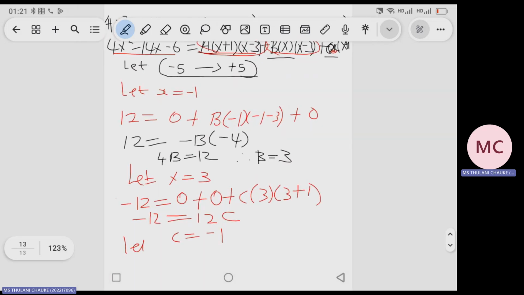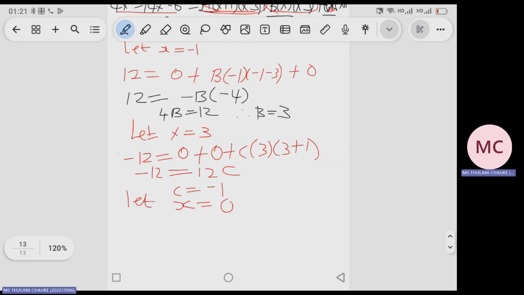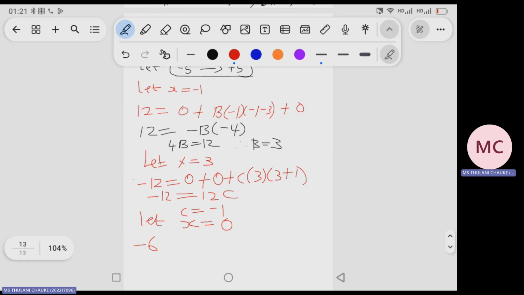Now I have the value of b and c. I want the value of a. I can just say let my x be equal to 0.